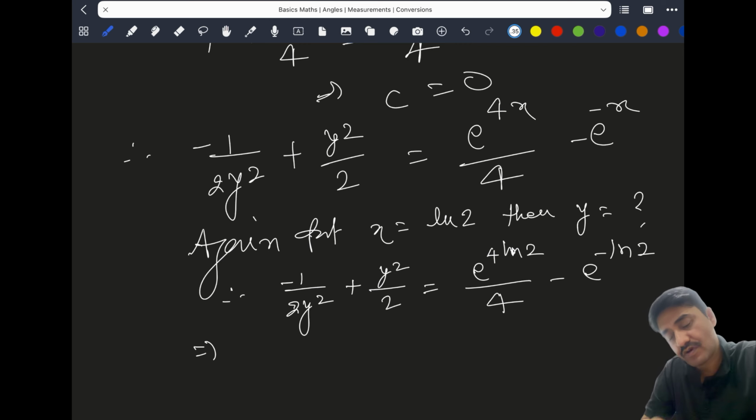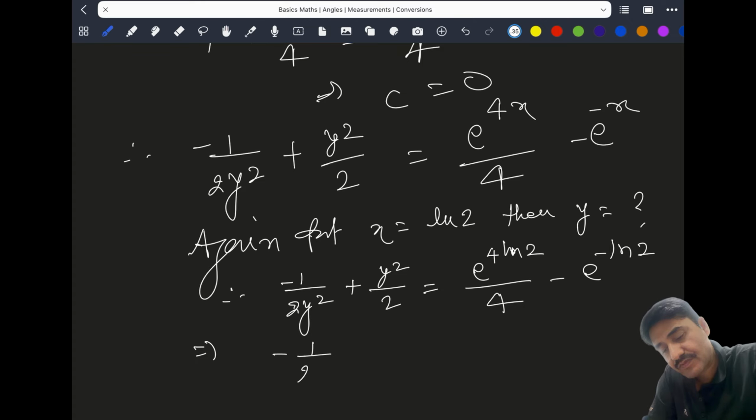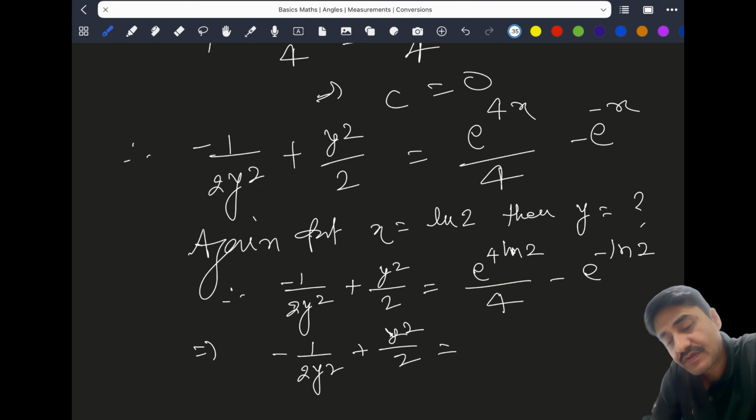This is now coming minus 1 by 2y square plus y square by 2 is equal to 16 by 4 minus 1 by 2.